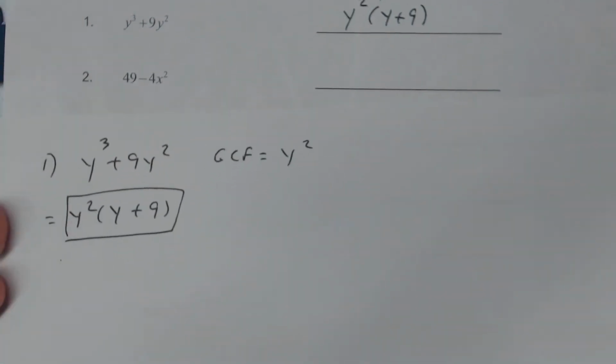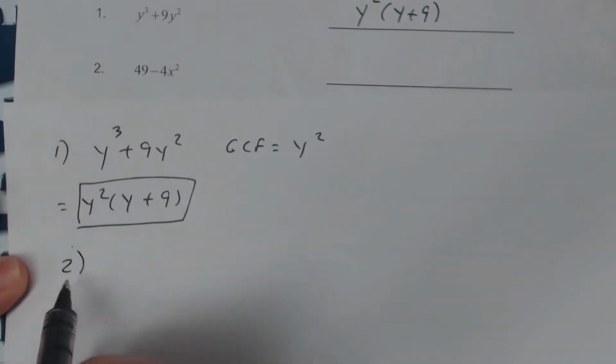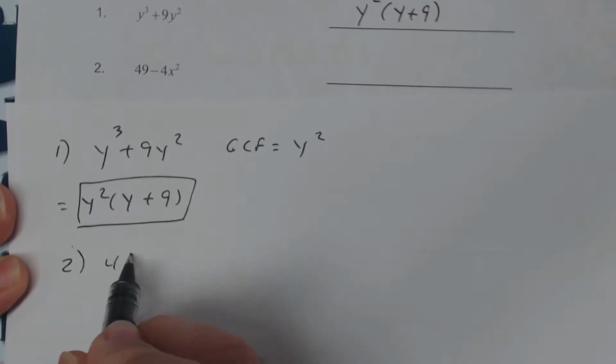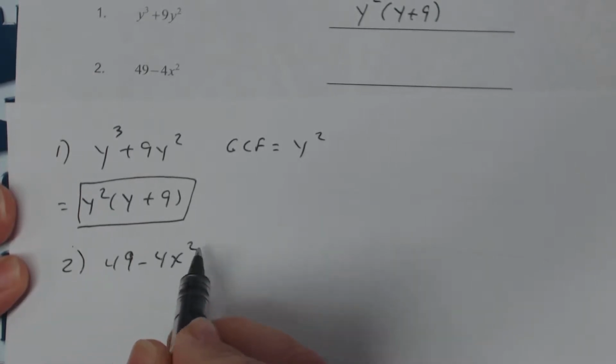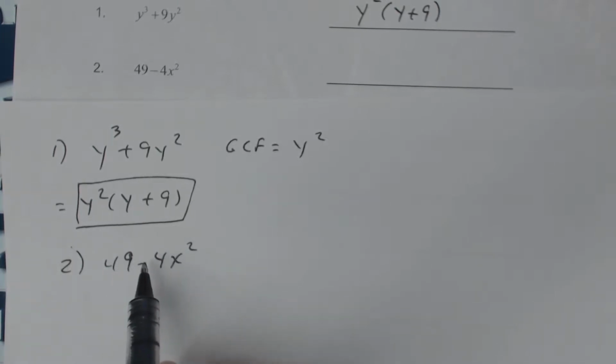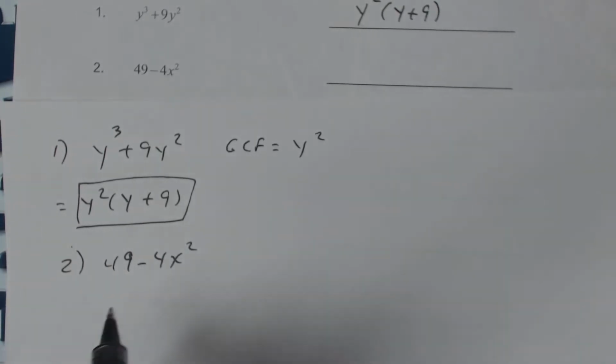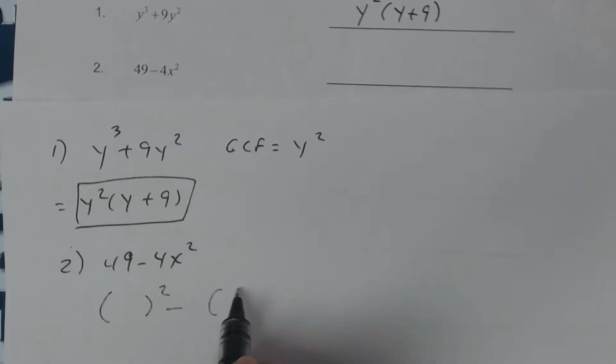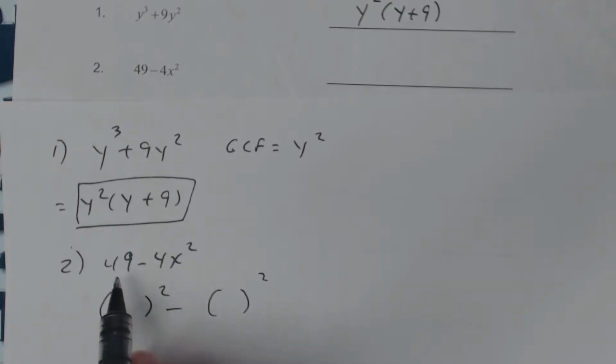Okay, the next one, number 2, you have 49 minus 4x squared. All right, the GCF is 1. Notice, though, that this is the difference of two squares. If you're not sure right away how to factor the difference of two squares, then fill in these parentheses like we did in a previous lesson. What times itself is 49?